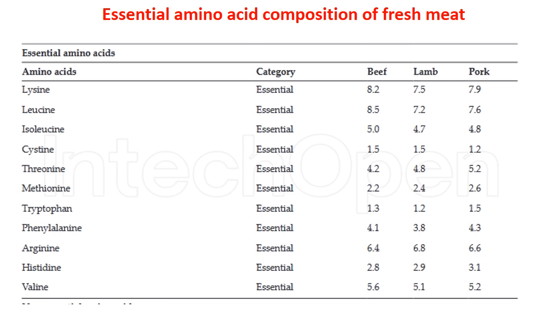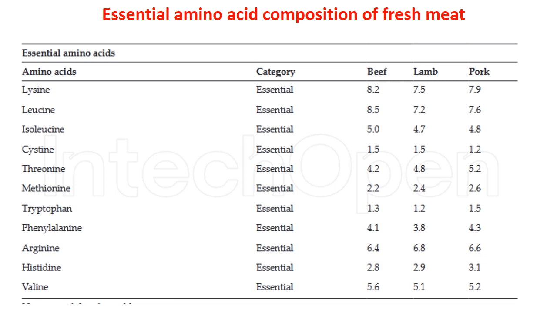In cysteine, around 1.2 to 1.5. In threonine, 4.2 to 5.2% in all the three red meats. Methionine, 2.2 to 2.6%. Tryptophan, 1.2 to 1.5%. Phenylalanine, around 3.8 to 4.3%.